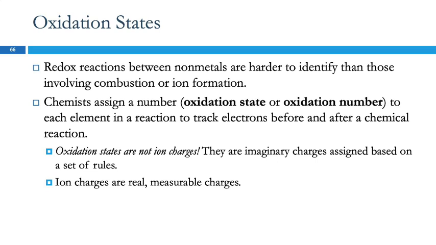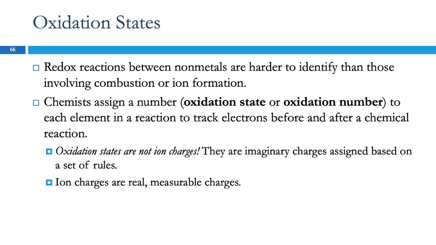How do we tell, like with the H2 plus Cl2, that it's a redox reaction, and how do we identify which one is oxidized or reduced? Well, we use a made-up concept called oxidation state, sometimes called oxidation number. So we assign an oxidation state to each element to help us figure out where the electrons or the electron densities are going.